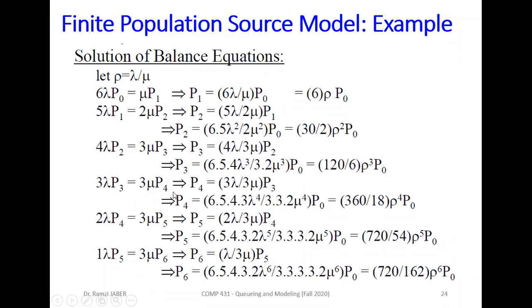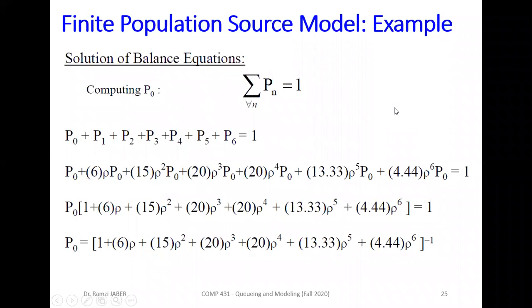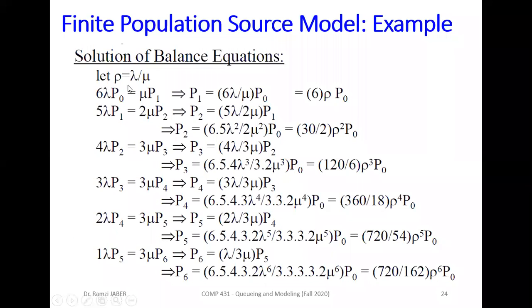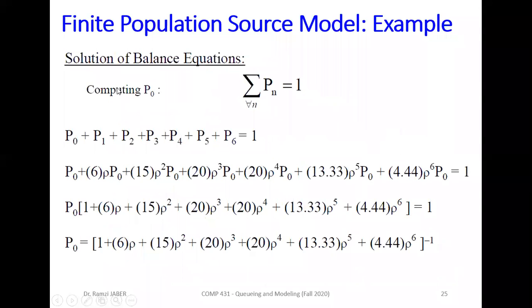We replace each one by one to get P6 equals this number, rho to the 6 P0. Okay? This is our example. So P1 till P6 are all functions of P0, so we want to calculate P0 from this equation, summation of Pn equals 1. So P0 plus P1 plus P2 plus P3 plus P4 plus P5 plus P6 equals 1.